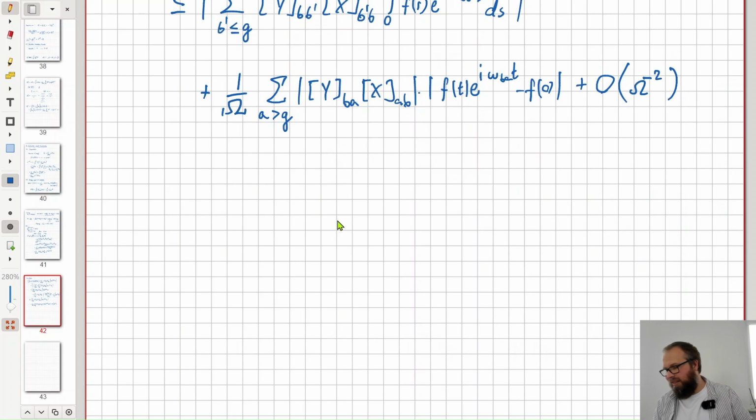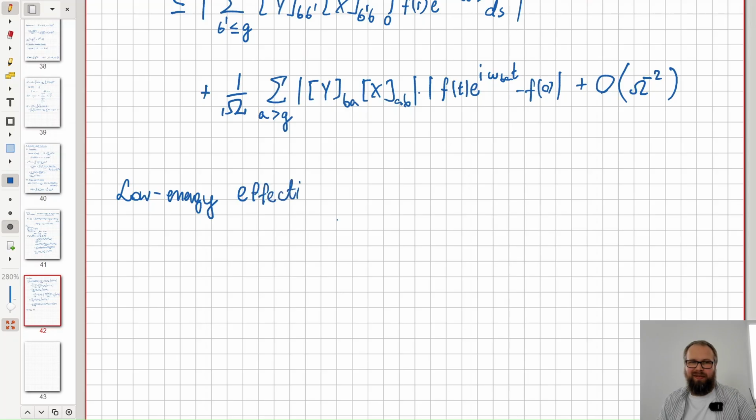This is the idea of a low energy effective theory, which formally you can imagine like this.